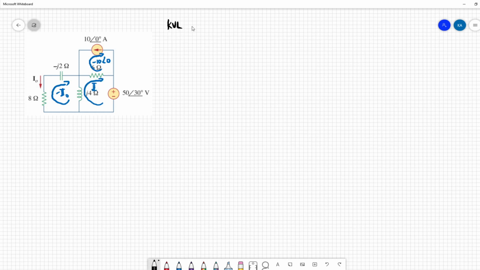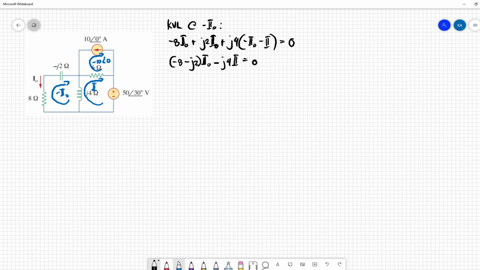Applying KVL at mesh negative IO, we have negative 8 IO plus J2 IO plus J4 quantity negative IO minus I equal to 0. So rearranging this equation, we have our equation number 1.